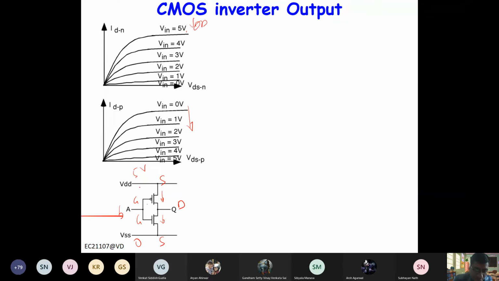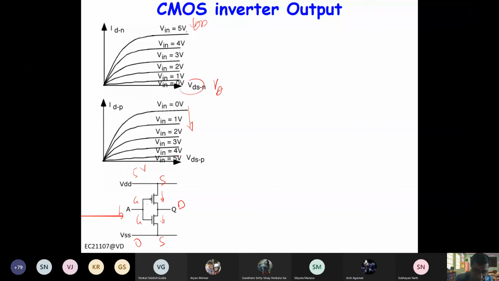So if your input is 5, then VSG is 0, right? So for 5 input, VSG is 0, it's basically in off state. And then if you decrease the gate voltage or input voltage, your VSG increases, so current increases. So what we can do, we can combine both these things together. This is basically for NMOS, we can call it VDS.